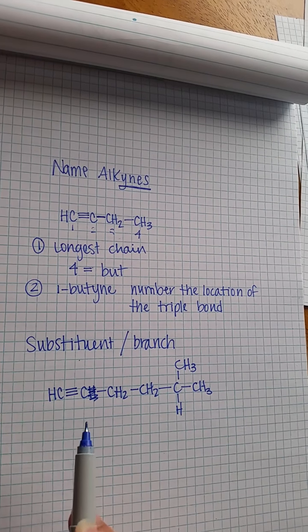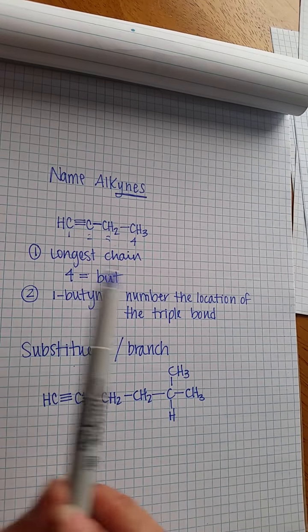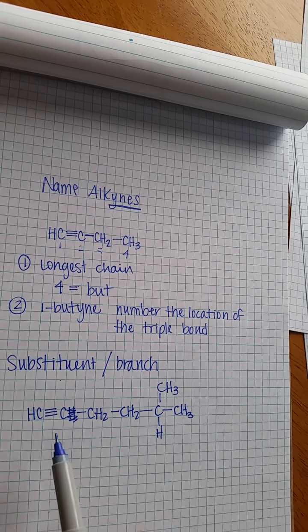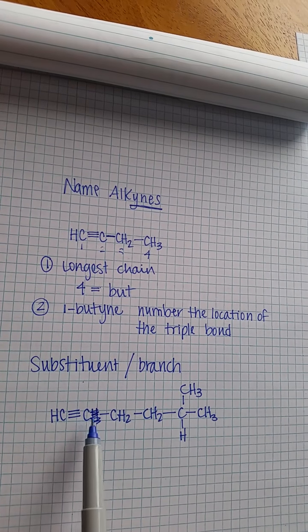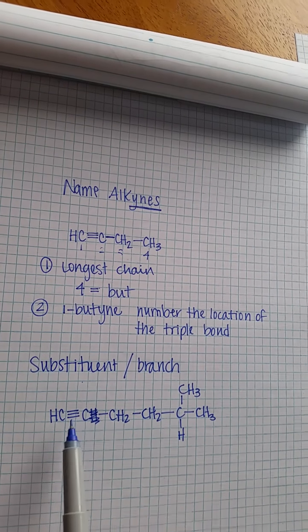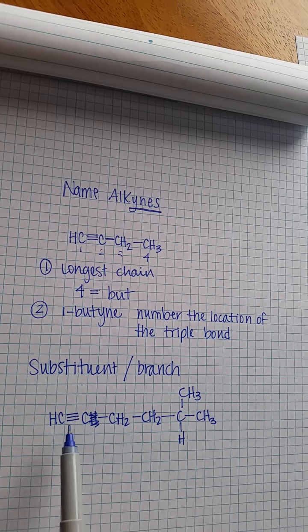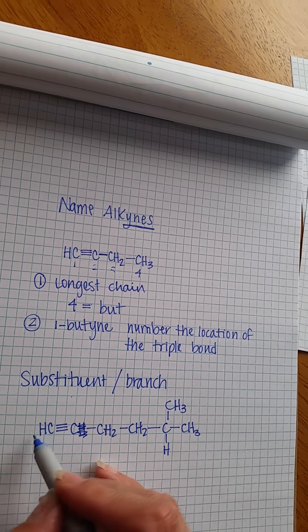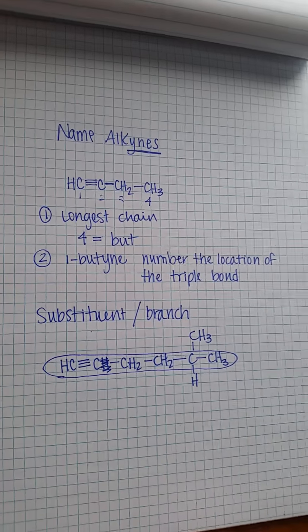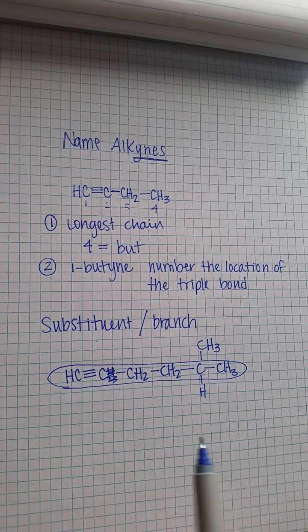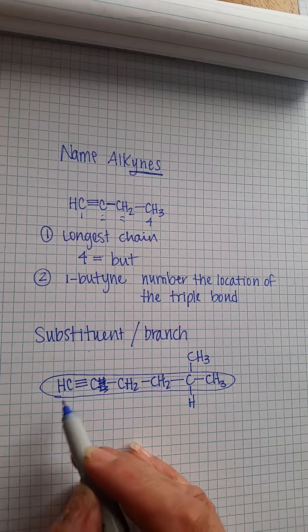We're going to always go back to our first step, which is circle your longest chain. And in this case, the rules are that your longest chain has to contain both of the carbons that are in that triple bond. So that means that we're going to go ahead and circle this guy as our long chain.